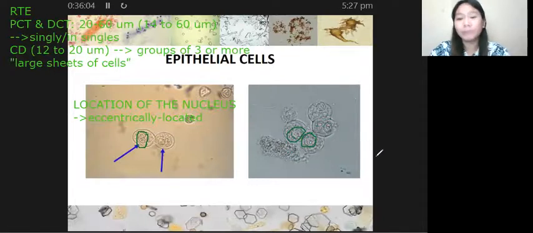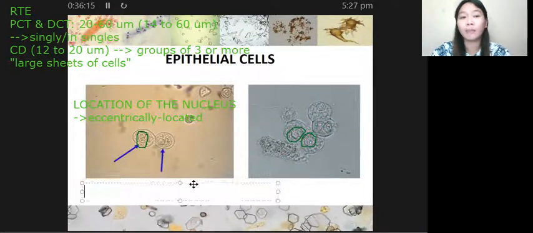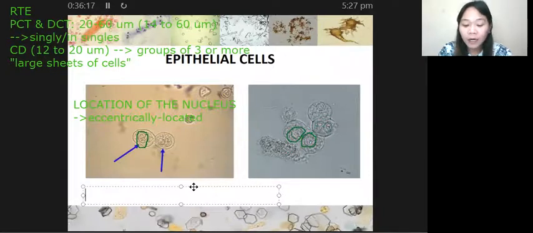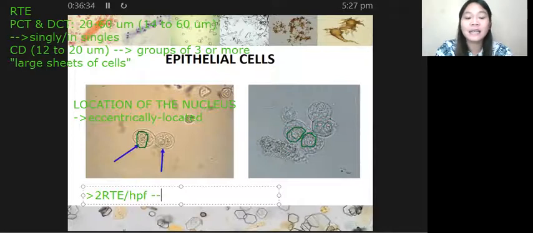Okay? So, since our renal tubular cells are considered to be the most significant, ano ang significant number ng renal tubular cells natin? Okay? So, take note, ha? Take note that the presence of more than 2 RTE per high power field is already considered as significant. Okay?